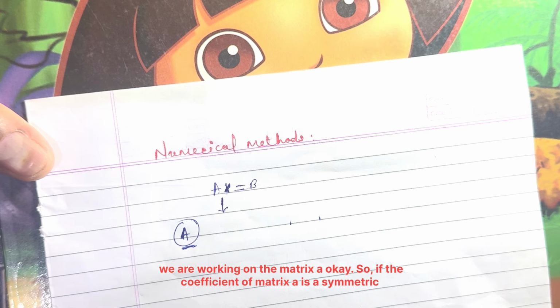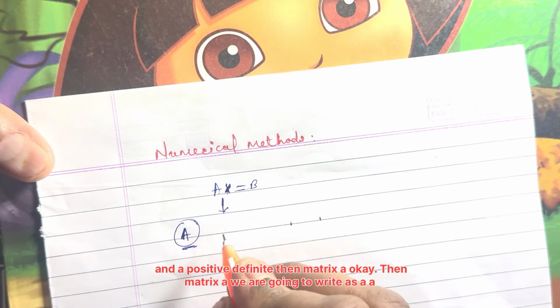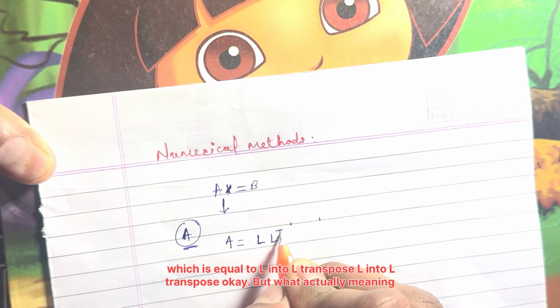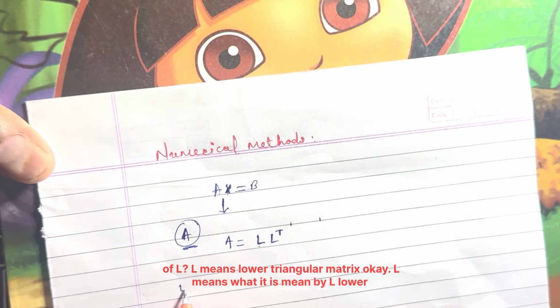If matrix A is symmetric and positive definite, then we write A = L into L transpose. But what is the meaning of L? L means a lower triangular matrix.